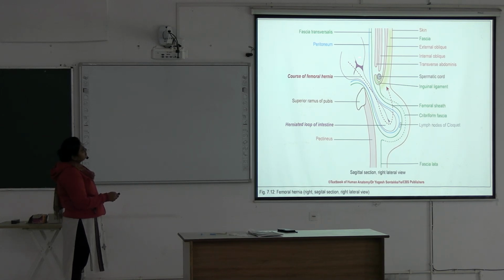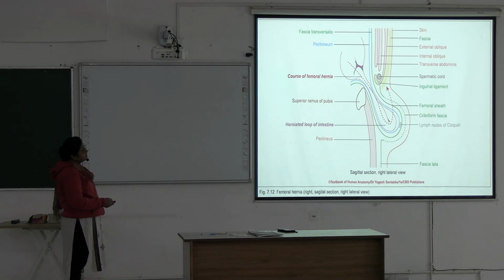After that you get the 3 flat muscles of the abdomen: external oblique, internal oblique, transversus abdominis, after that fascia transversalis, and then the peritoneum. So these are the contents, that means intestine or blood vessels like this. These are entering through the femoral canal and pulling along with them the peritoneum, fascia transversalis, and this is the deep fascia. And this is skin.